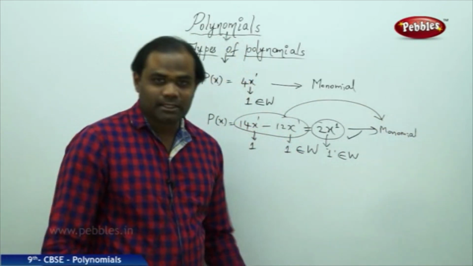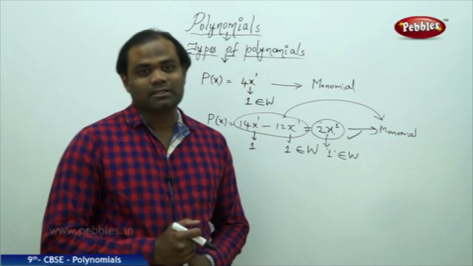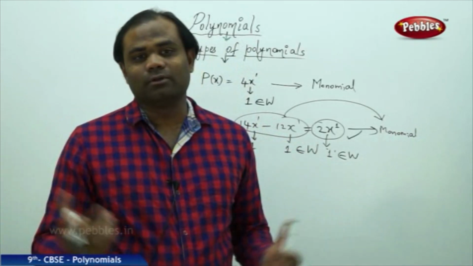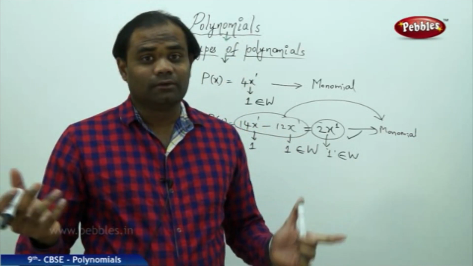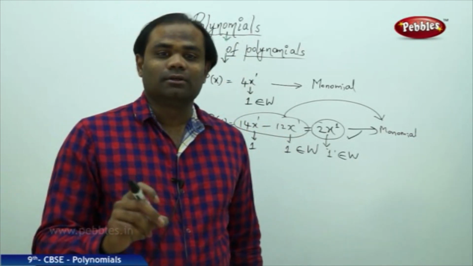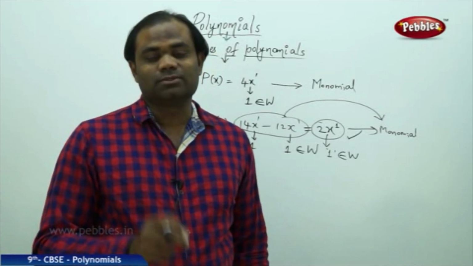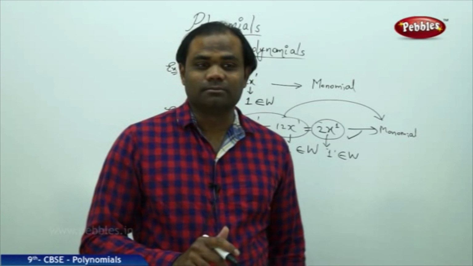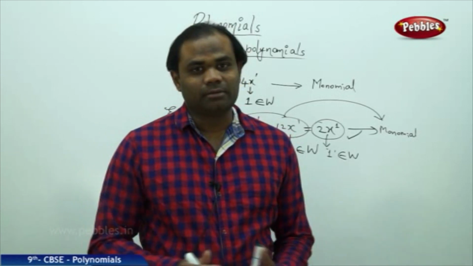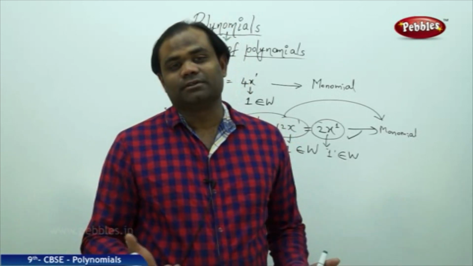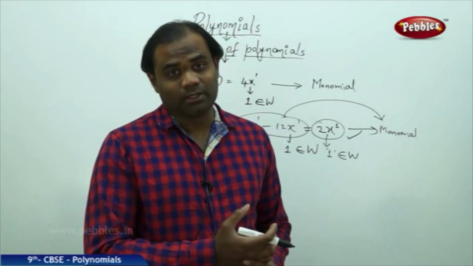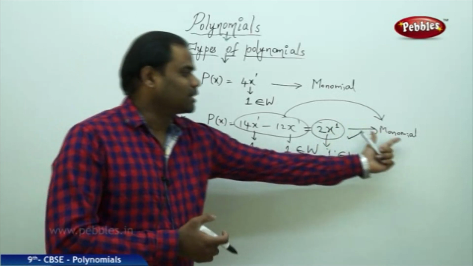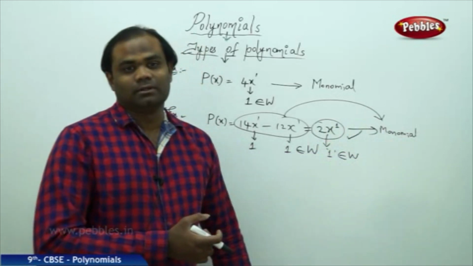So the learning outcome in this example problem is that when we decide whether a polynomial is a monomial or any other polynomial of more than one term, we try to simplify the given polynomial to the most simplified form and then decide on the number of terms in the polynomial. The number of terms decides the definition of that particular polynomial. In this example, this simplifies to 2x, and hence it's a monomial.